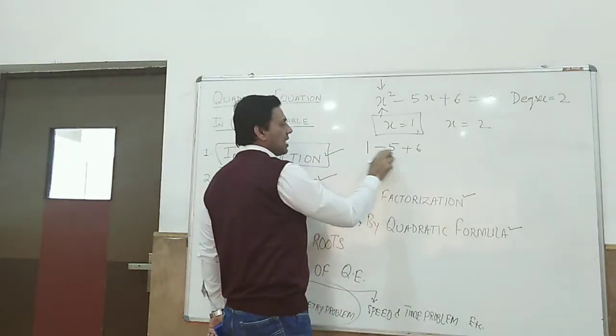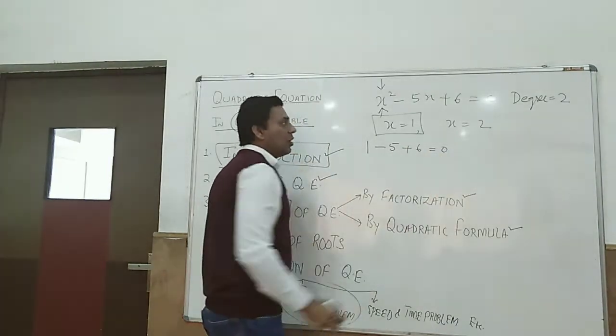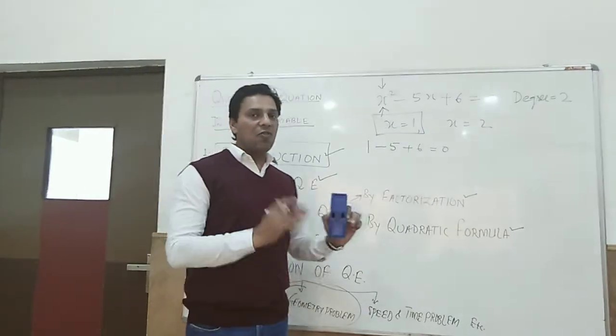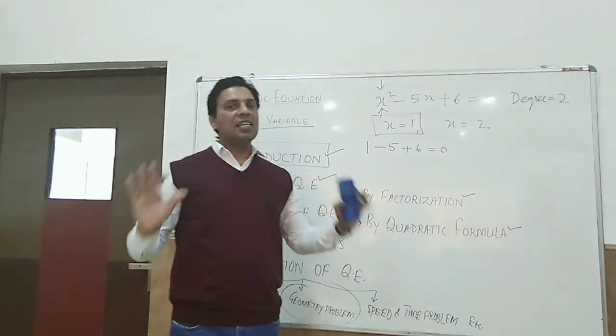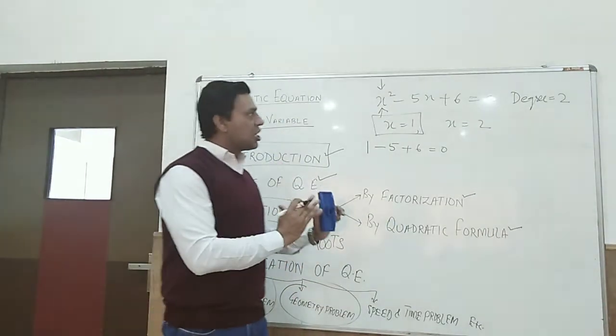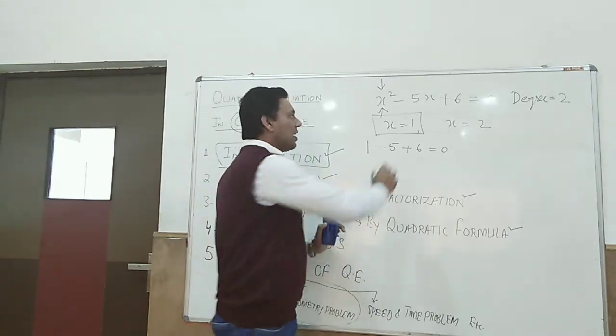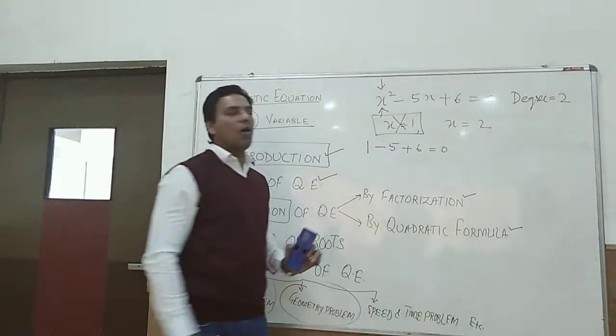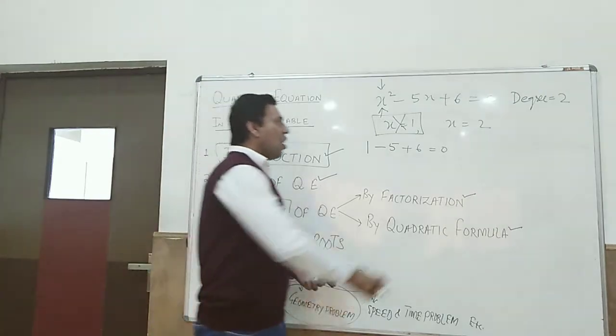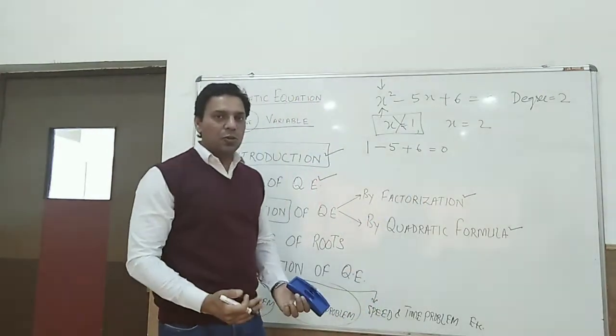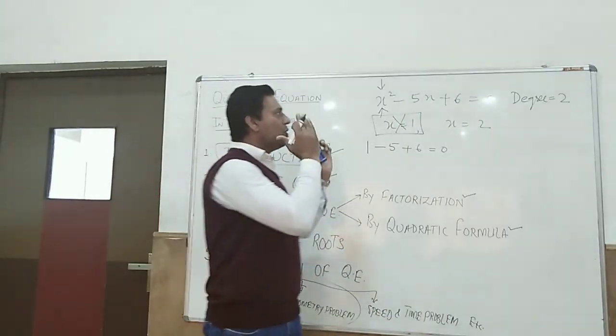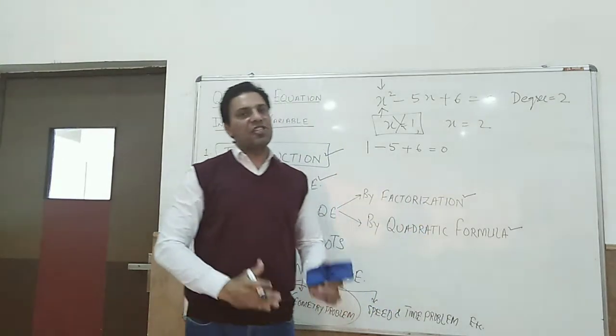So 7 minus 5 is not equal to 0. So x is equal to 1 is not satisfying this equation. So x is equal to 1 is not a root of this quadratic equation. Now we can check at x is equal to 2 whether x is equal to 2 is a solution of the quadratic equation or not.